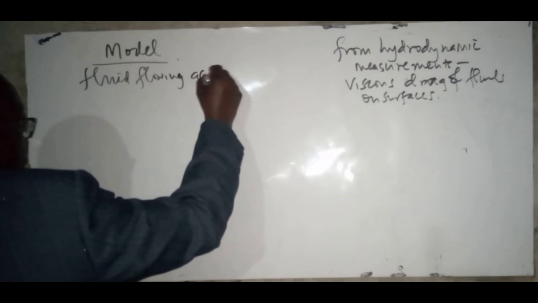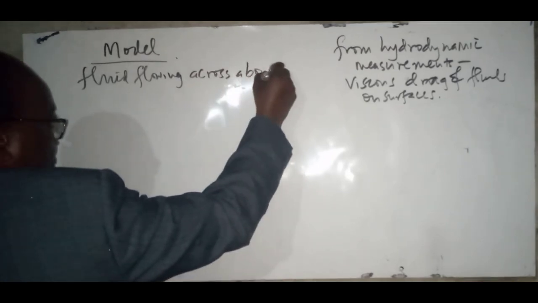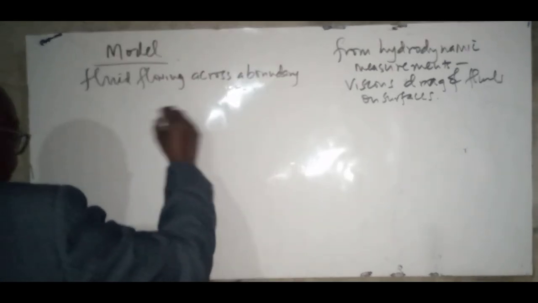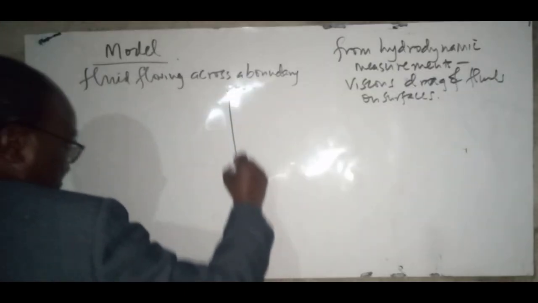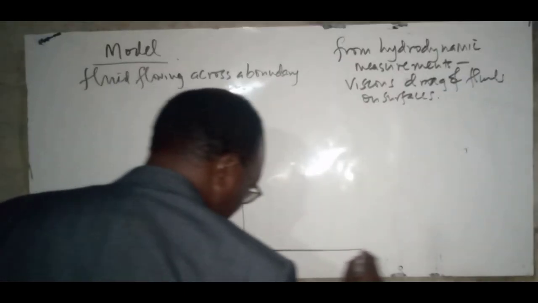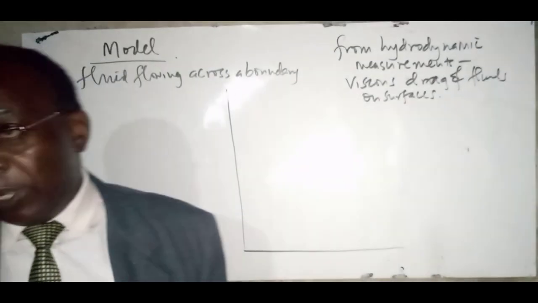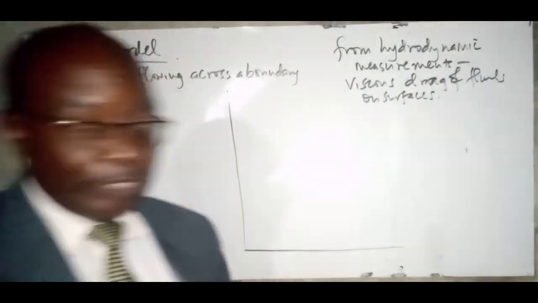Now, let's look at our model, where we have a fluid flowing across a boundary. Remember, in our postulates on the development of concepts in the turbulent boundary layer, we resolved our velocity in two directions, x and y.